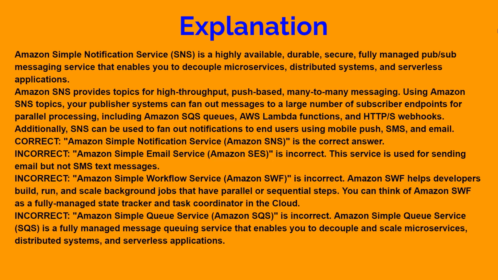Using Amazon SNS topics, your publisher systems can fan out messages to a large number of subscriber endpoints for parallel processing, including Amazon SQS queues, AWS Lambda functions, and HTTP/S webhooks. Additionally, SNS can be used to fan out notifications to end users using mobile push, SMS, and email. Correct. Amazon Simple Notification Service, Amazon SNS, is the correct answer.